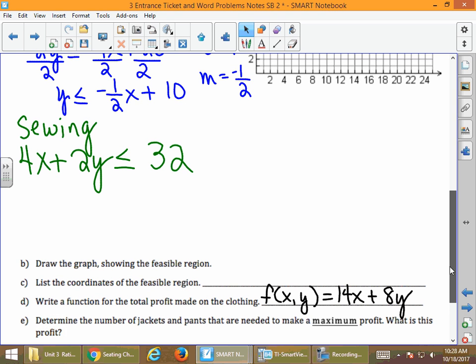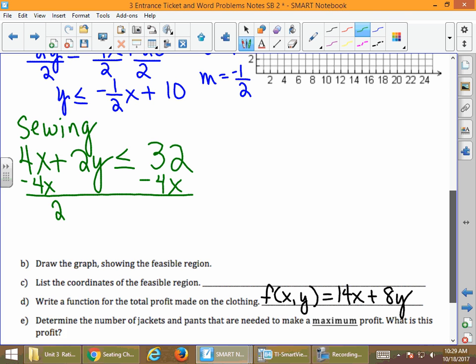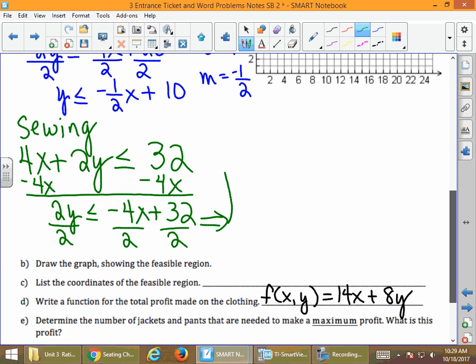Same kind of idea. We're going to subtract the 4x from both sides. And we have 2y is less than or equal to negative 4x plus 32. Well, it's 2 times y, so we're going to divide everything by 2. And we end up with y is less than or equal to negative 2x plus 16.